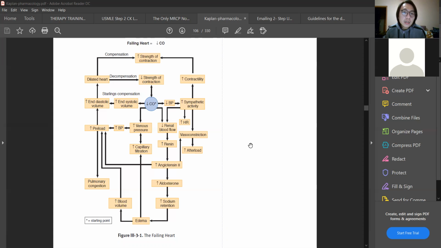So you see in the middle it says decrease in CO. By the way, CO does not stand for carbon monoxide. CO stands for cardiac output, okay? Not carbon monoxide. And that is the starting point.